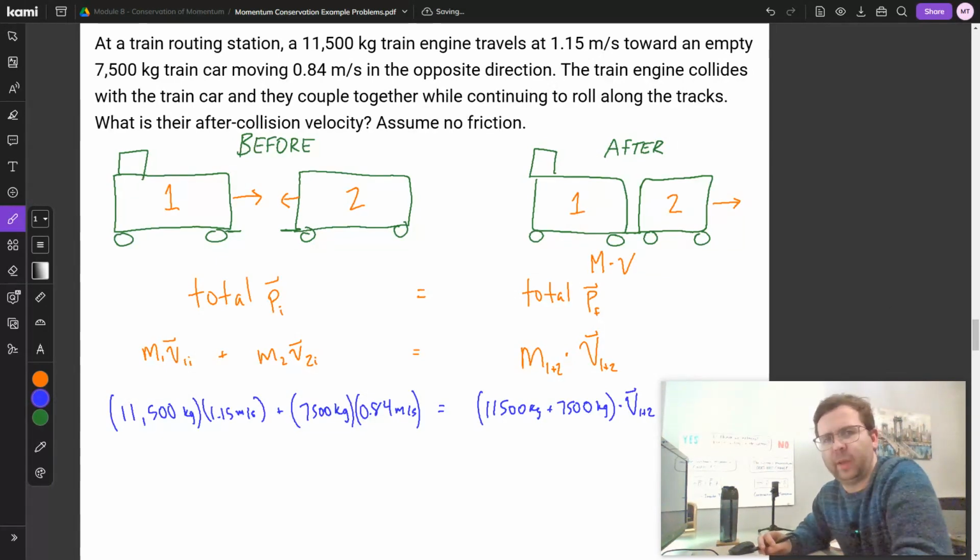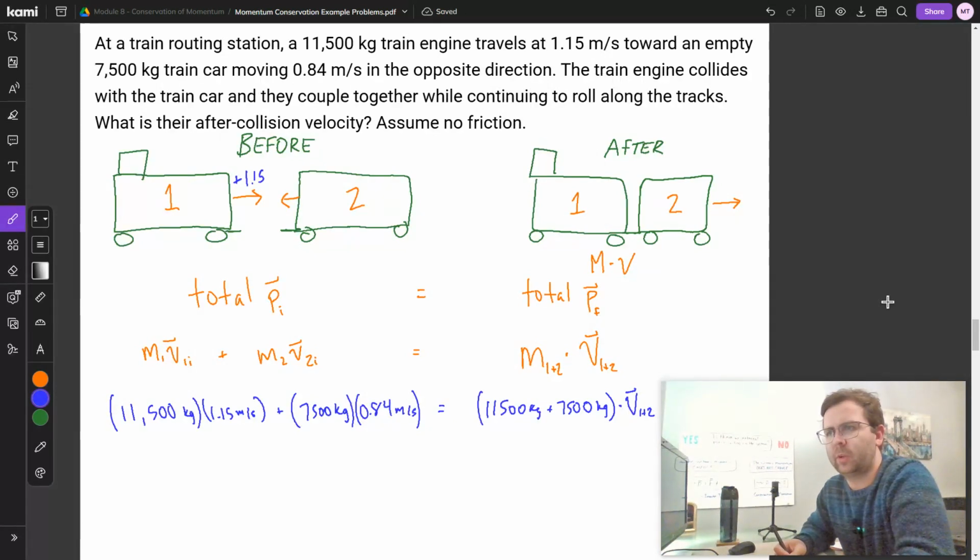Now, I made a mistake in what I just wrote down. Did you catch the mistake? Remember that velocity is a vector, and so we always include both the amount of velocity, but also the direction. So I left out the direction for one of my velocities. If you look back at the picture I drew, this velocity is positive 1.15 meters per second.